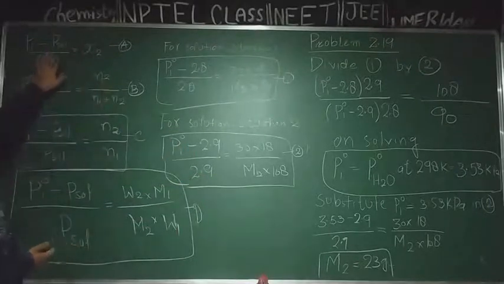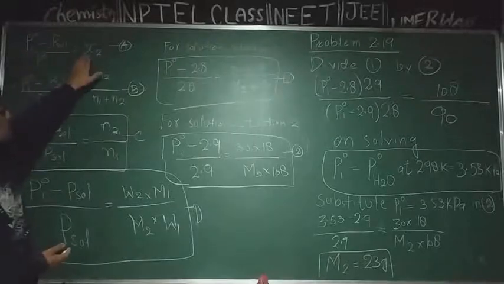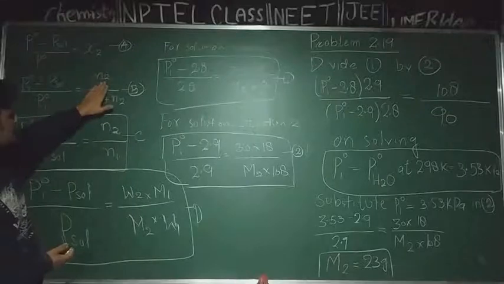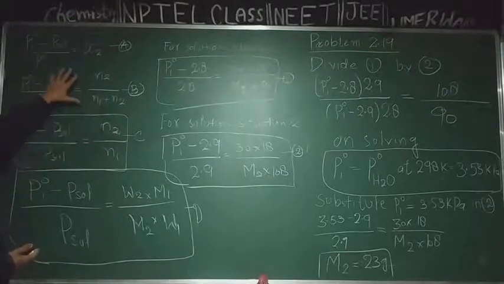So I got to know that the problem is based on relative lowering of vapor pressure, and the fundamental equation of relative lowering of vapor pressure is this, which says that relative lowering of vapor pressure depends on the mole fraction of non-volatile solute, that is the number of moles of non-volatile solute relative to the total number of moles present in solution, confirming it is a colligative property.